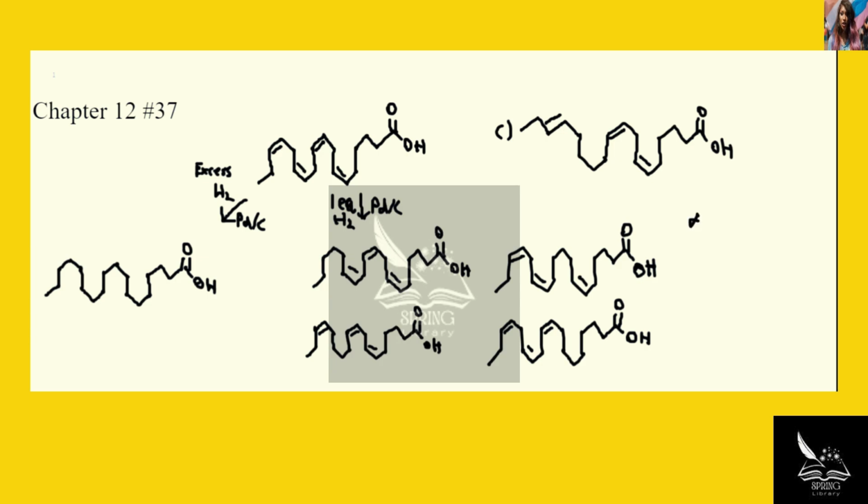And so lastly, for part D, we're asked, how do the melting points of the following fatty acids compare? So stearidonic acid, the product formed in part B, and the product drawn in part C. And so the answer there is going to be that we are comparing stearidonic acid, which has 4 cis double bonds, the product in part B, which has 3 cis double bonds, and the product in part C, which has 2 cis and 1 trans double bond.